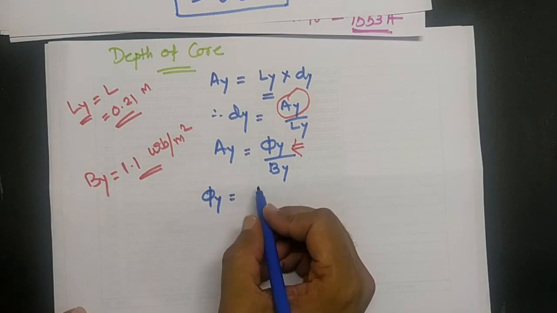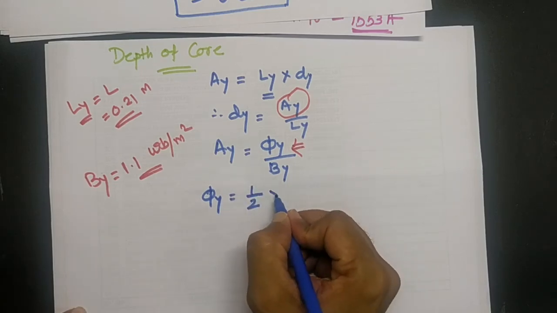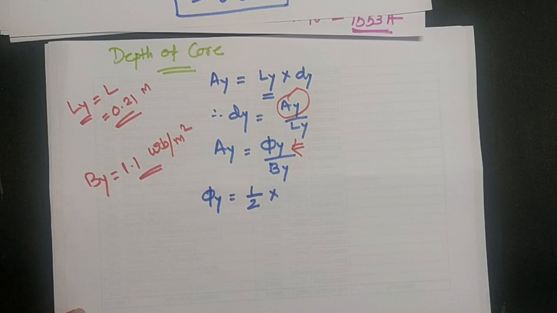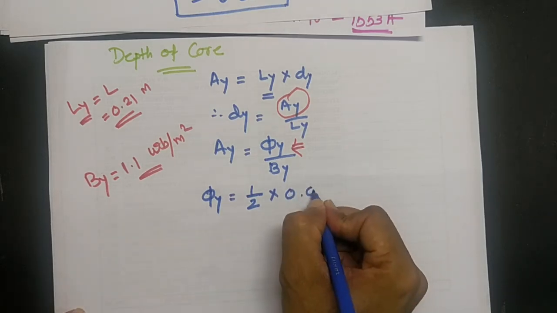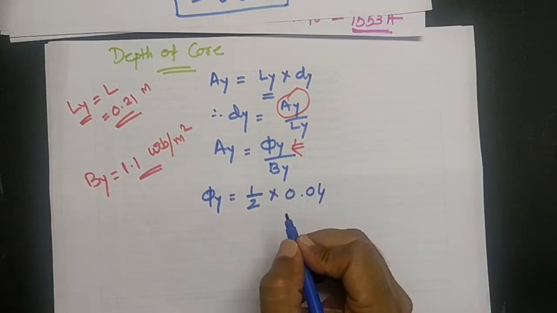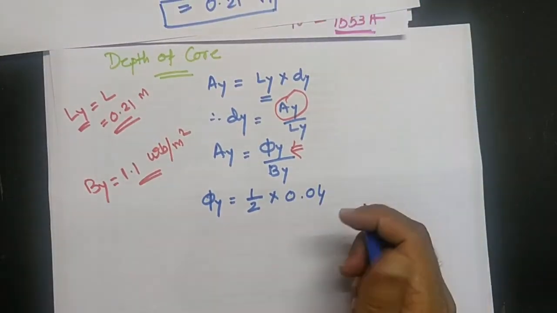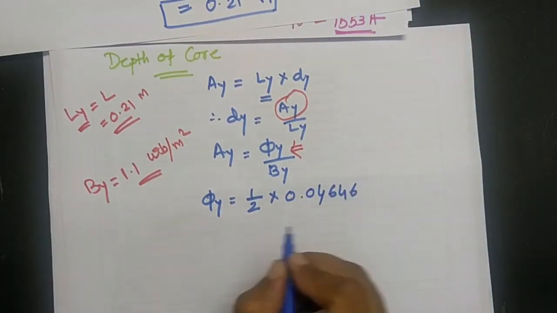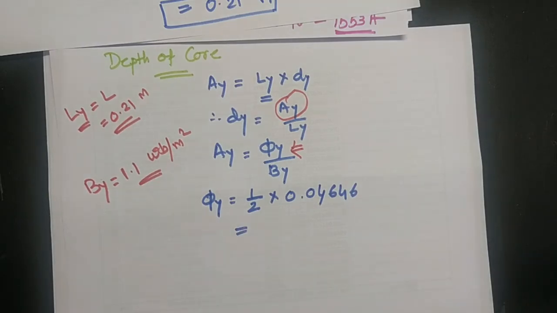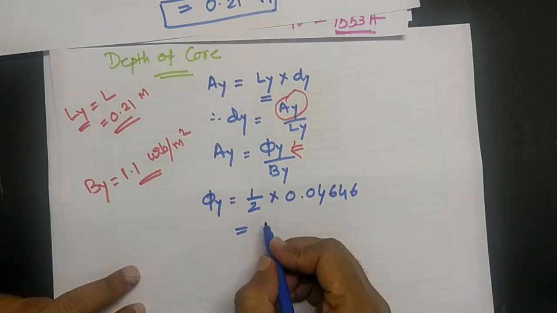So now let us calculate the flux passing through the yoke. It is 1/2 of the flux passing through the pole. Again I will check that: flux through the pole is 0.04646. So 0.04646 divided by 2 comes to 0.02323.